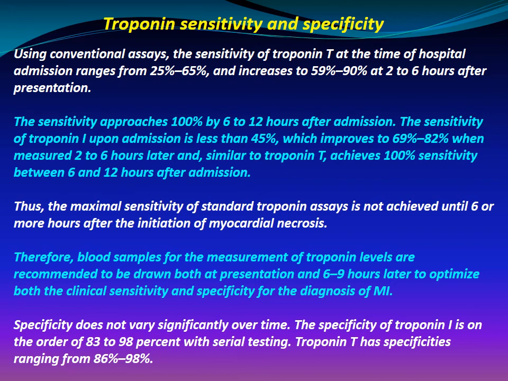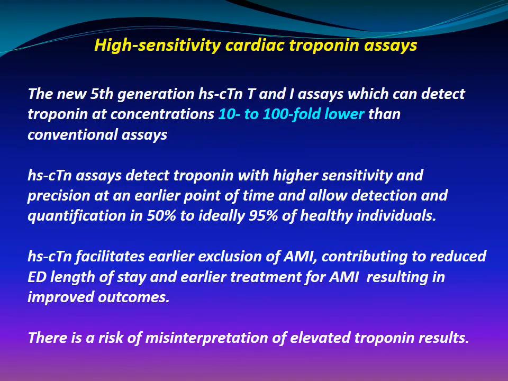Specificity does not vary significantly over time. The specificity of troponin I is on the order of 83 to 98% with serial testing. Troponin T has specificities ranging from 86% to 98%.